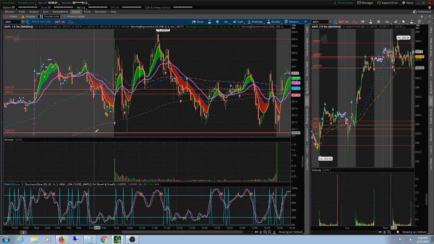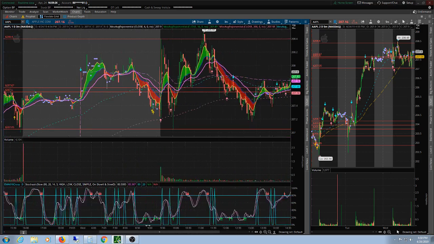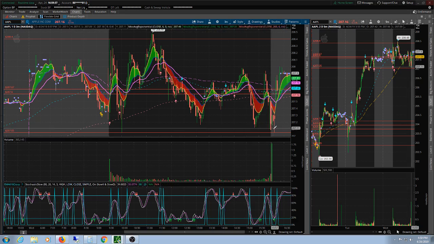Respected it there. I had this one here, which was quite possibly this morning's low. I might have put it in afterwards. I don't know. But you see, we kind of came over and respected it here. Even after market, it respected it.